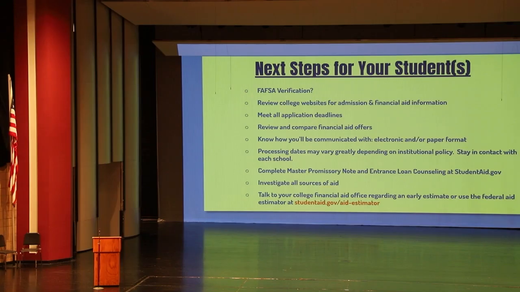For example, also like the NCAA, you can't sign at the earliest until mid-November. So if you're a student athlete, we're not going to send your offer out until after that signing date.